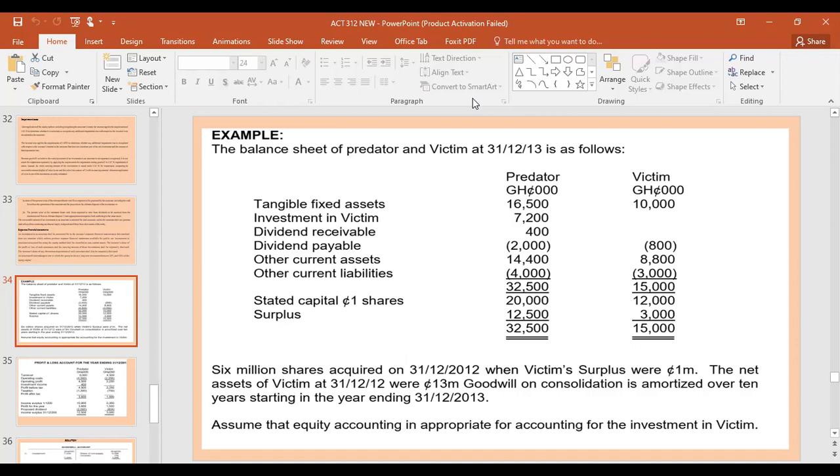So 12,800 plus the 20,000 should give you the 32,800. So once you have done that, you have successfully balanced the account, and that is the solution or the requirements for the question.